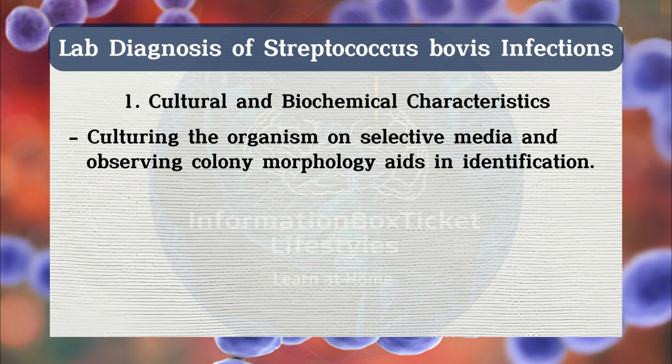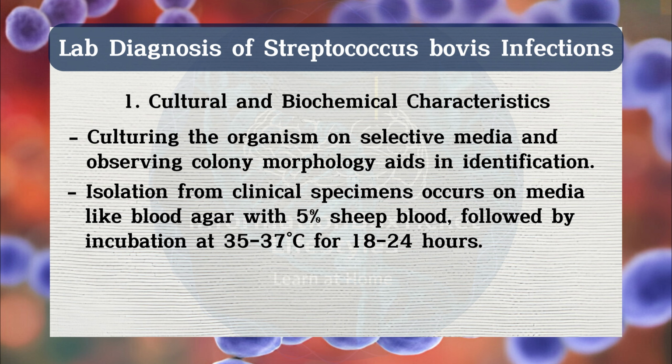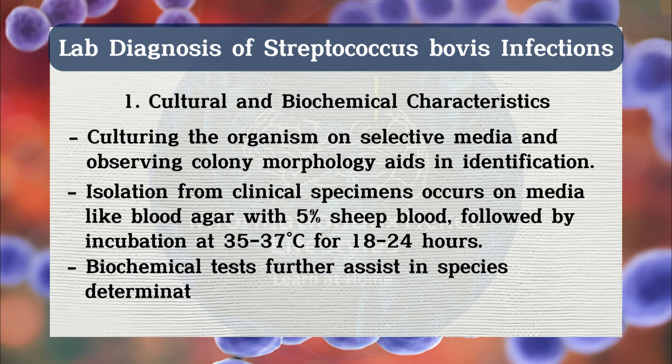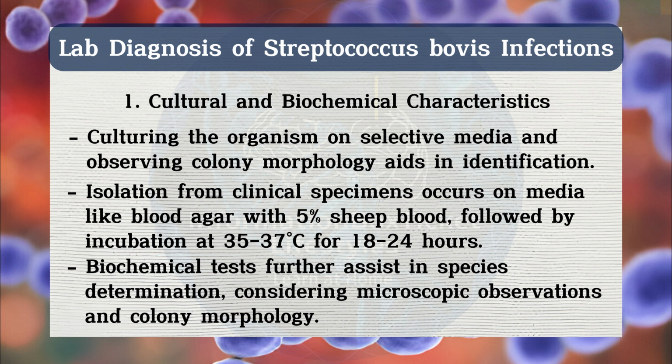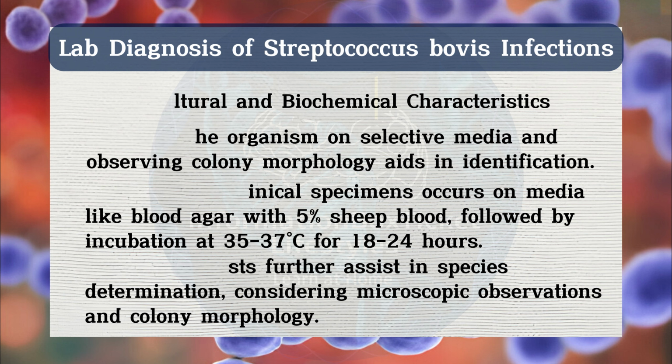Culturing the organism on selective media and observing colony morphology aids in identification. Isolation from clinical specimens occurs on media like blood agar with 5% sheep blood, followed by incubation at 35-37 degrees C for 18-24 hours. Biochemical tests further assist in species determination, considering microscopic observations and colony morphology.